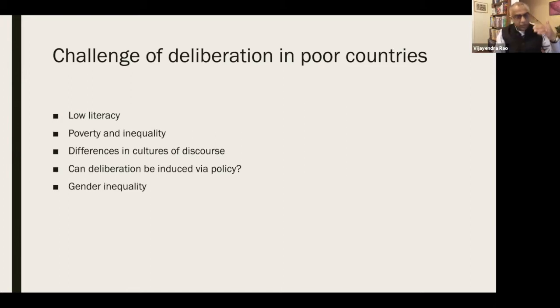And of course, all the usual constraints of caste inequality, structural inequality of different kinds, gender inequality. Different folks have different styles of speech. So all of these things make deliberation a very, very difficult thing in theory to do in a non-Western context, in a poor country context. So part of the effort here is to see whether that's true.